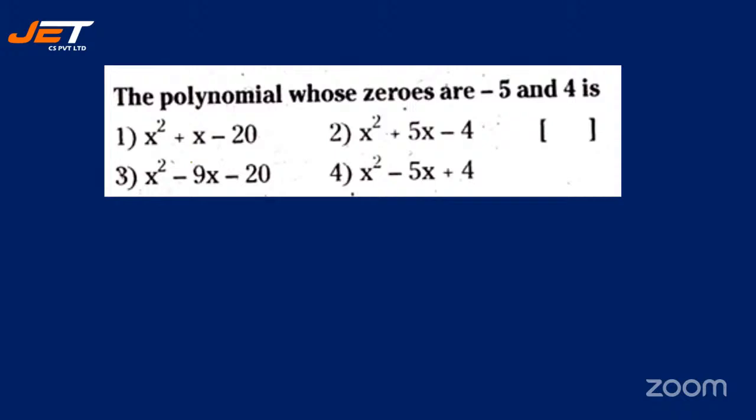See the next question. The polynomial whose zeros are minus 5 and 4. So we had already done a sum like this, earlier one.